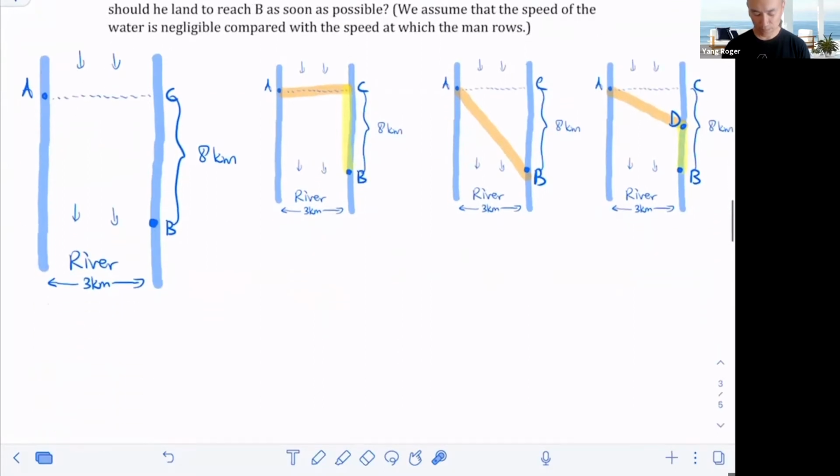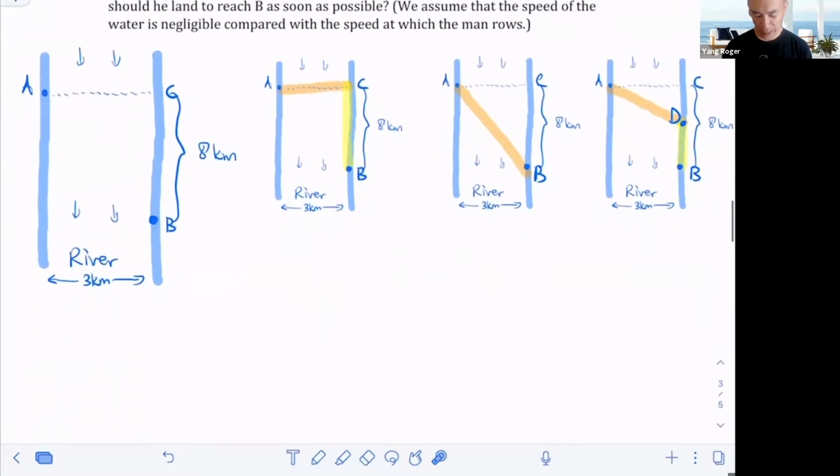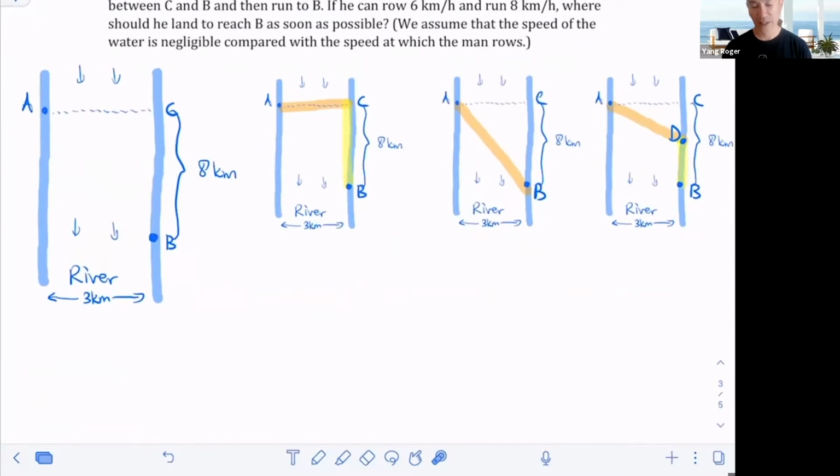So I think what we need to do is label our picture a little bit. Why don't we introduce a generic D somewhere in here? And let's draw a line that connects those two. Let's give this a variable.